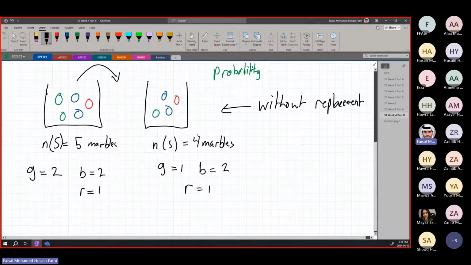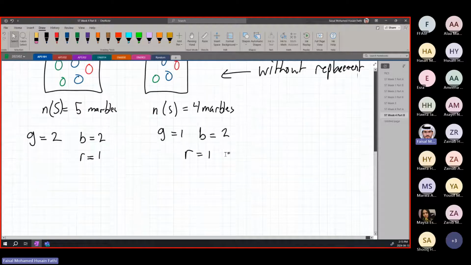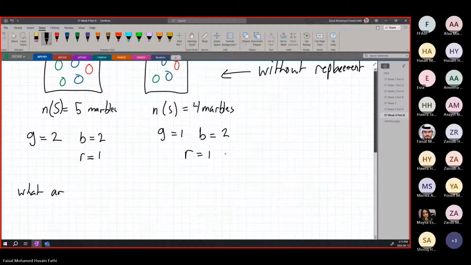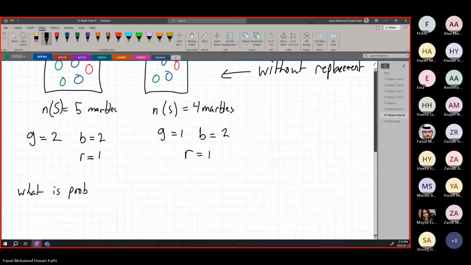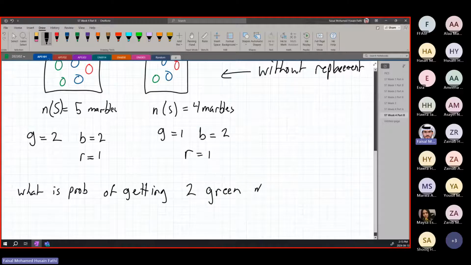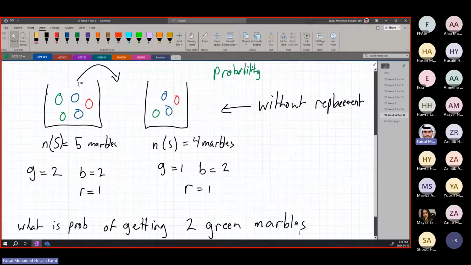So let's say the question asks, what is the probability of getting 2 green marbles when you're taking them out of this box?